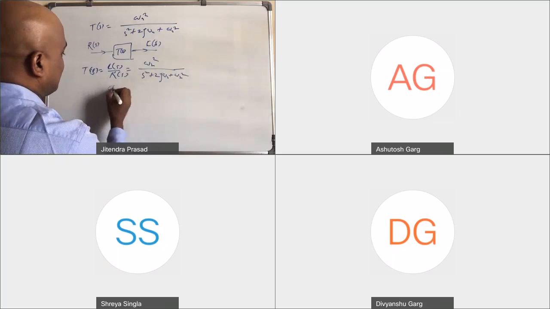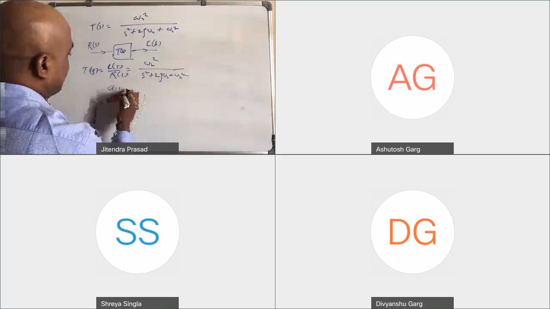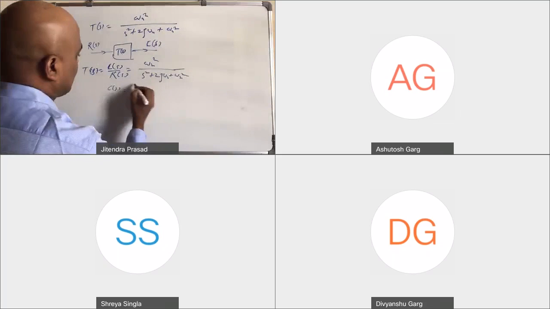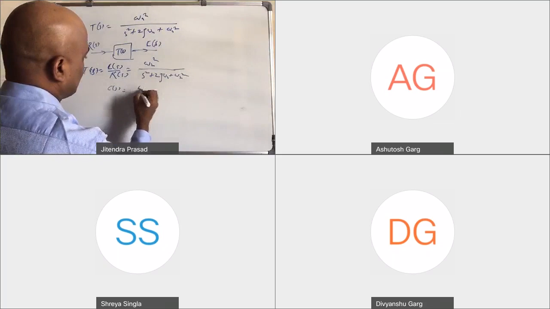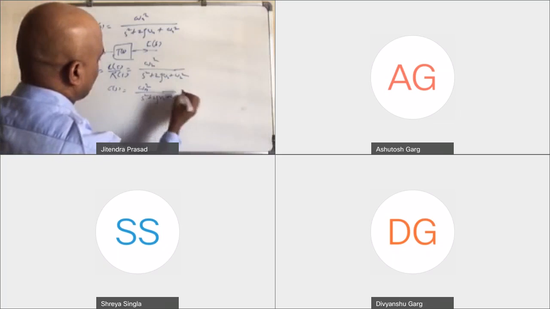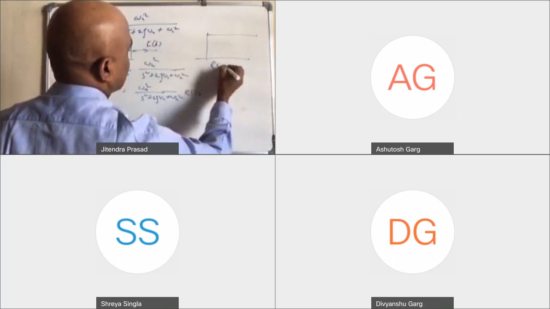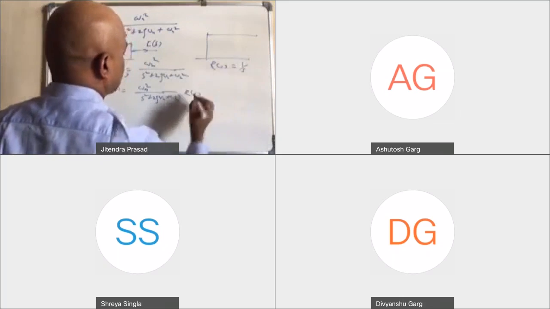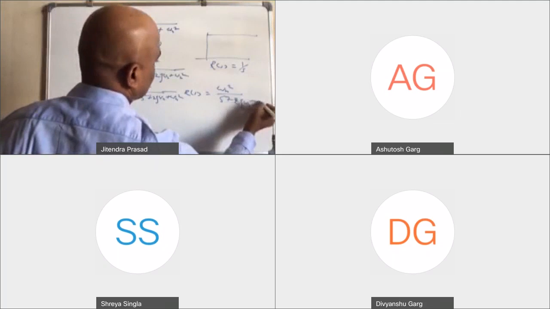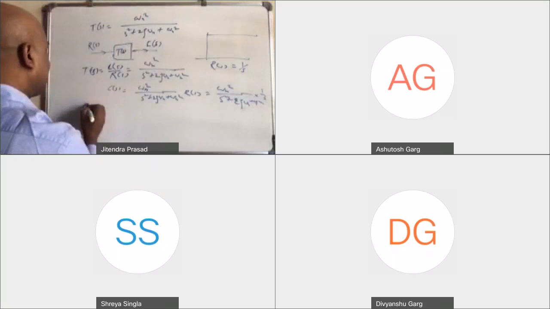So C(s) is equal to omega n square over s square plus 2 zeta omega n s plus omega n square times R(s). Now R(s) is a unit step function, so R(s) equals 1 over s. Here it will be omega n square over s square plus 2 zeta omega n s plus omega n square, times 1 over s, and then you get C(t).